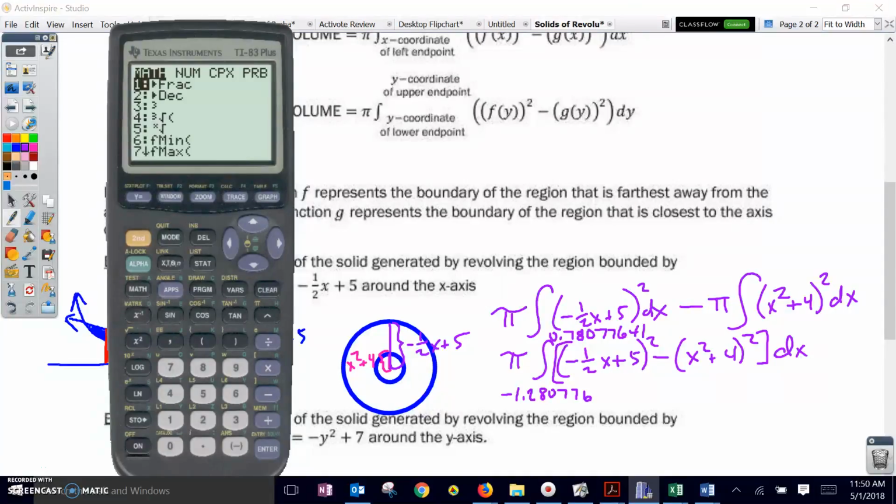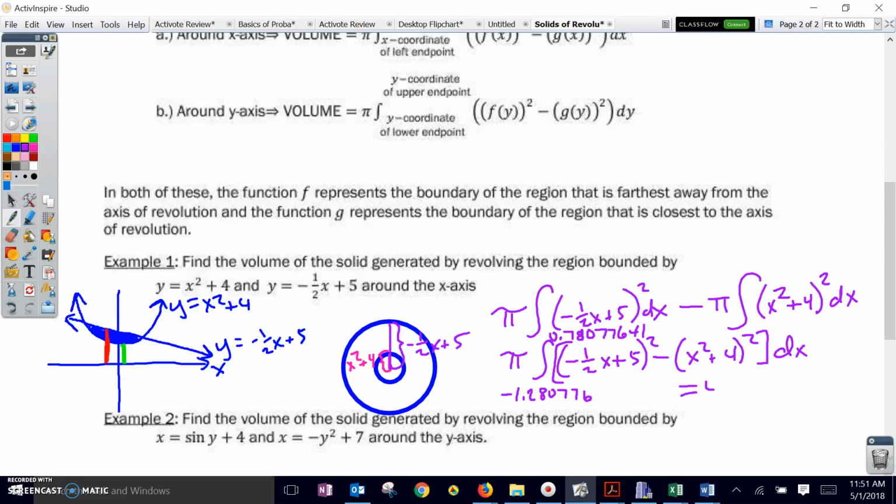I've got pi times the numerical integral of the quantity negative 1/2 x plus 5, quantity squared, minus quantity x squared plus 4, quantity squared, with respect to x, from lower limit, negative 1.280776, to upper limit, 0.7807761, and we end up with a volume of 43.123 for the solid. And that's the end of example 1.